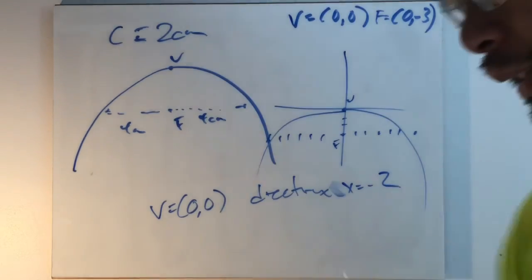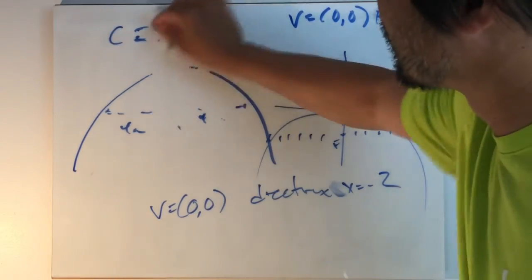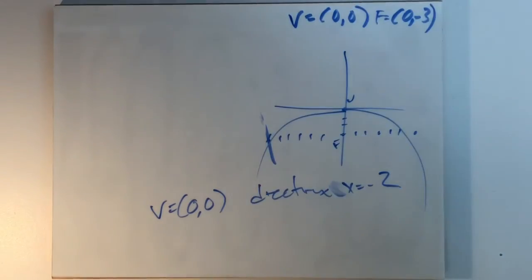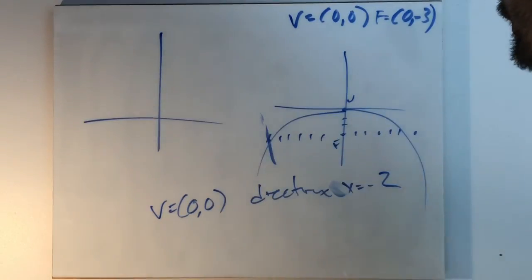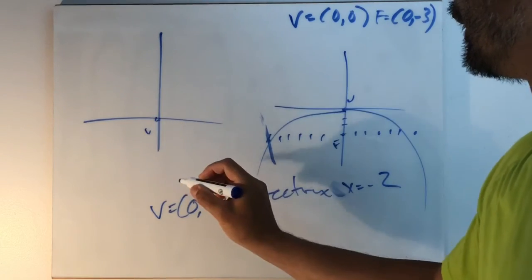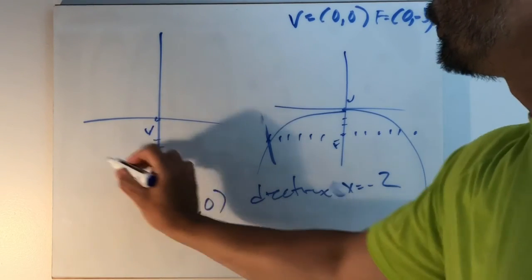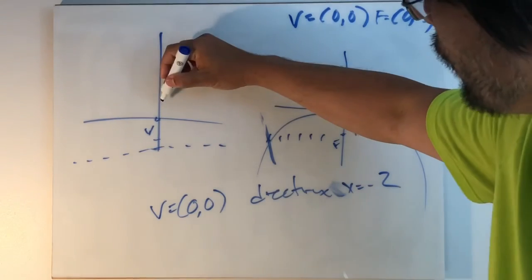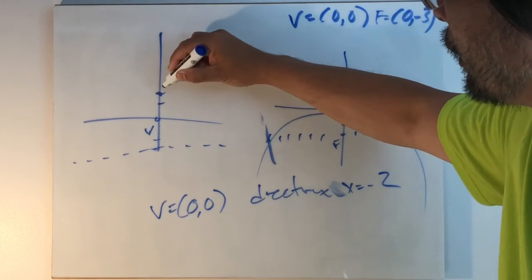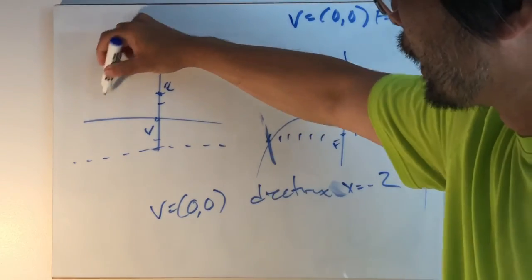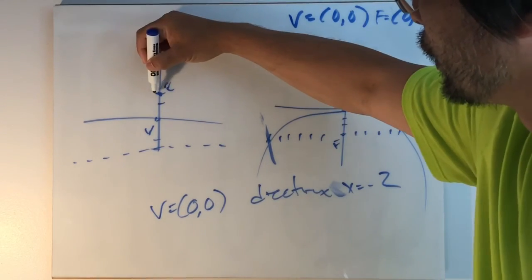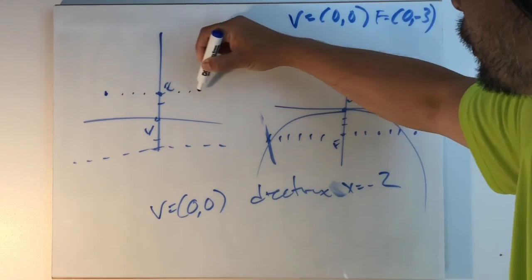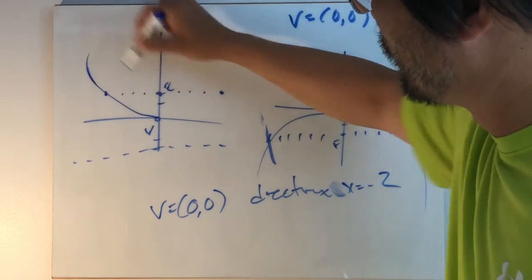So if the vertex is 0, 0, directrix is x equals negative 2, again quick graph, vertex, x equals negative 2, 1, 2. So this is our directrix. What that tells us is that our focal point is up here, and then if we draw our latus rectum, that's 1, 2, so that's 1, 2, 3, 4, 1, 2, 3, 4, boom, boom.